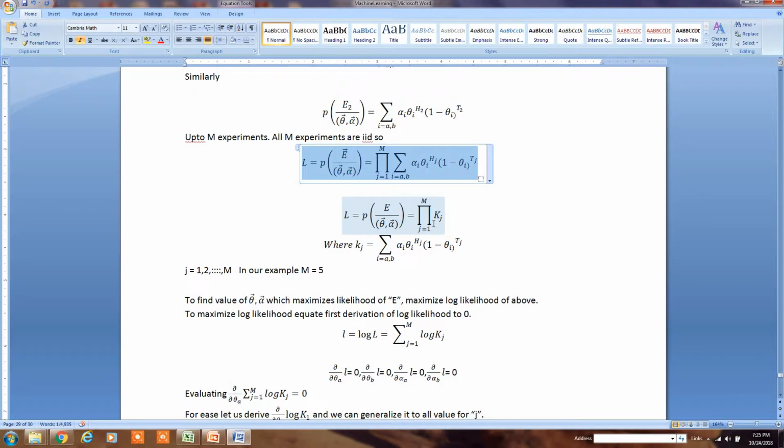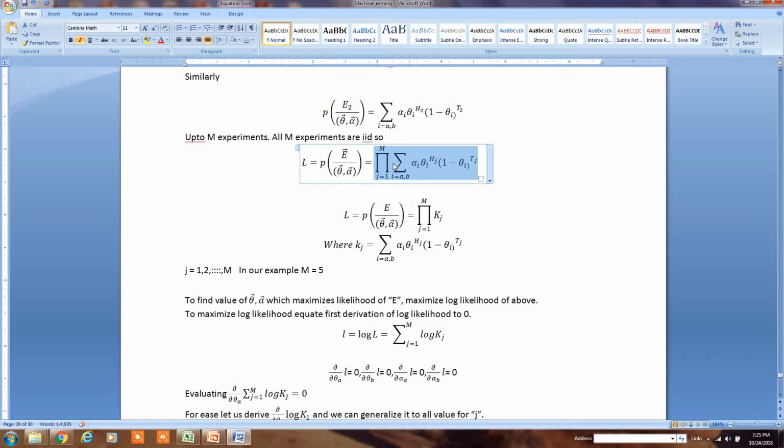So a little bit of calculus here. To maximize the value of any function, we have to do the differentiation and equate it to 0. But there is a challenge: because we have a multiplication here, differentiation of a multiplication follows the chain rule.